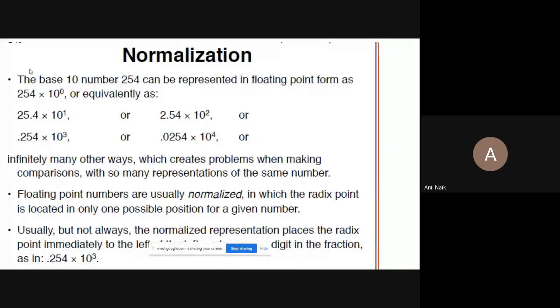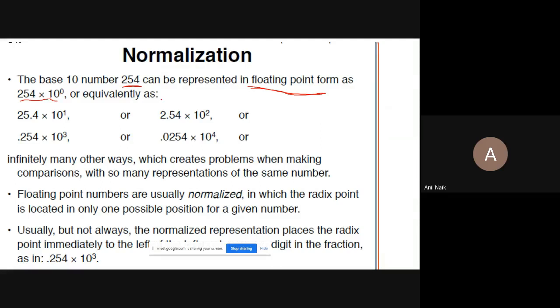Before going to the IEEE standard format, we have to go through some of the basics. One of the concepts is normalization. So take a base 10 number, 254. It can be represented in floating point like 254 into 10 raised to 0. 10 raised to 0 means 1, so 254 into 1 means 254.